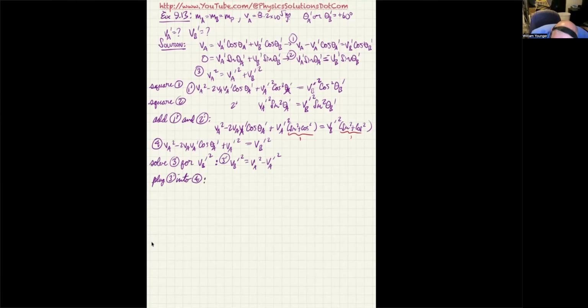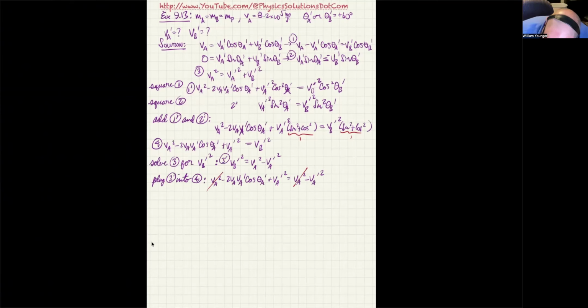And when I do that, I get va squared minus 2 va va prime cosine theta A prime plus va prime squared is equal to va squared minus va prime squared. So I've just substituted that. You can automatically see that the va squared on this side is going to cancel out the va squared on this side.